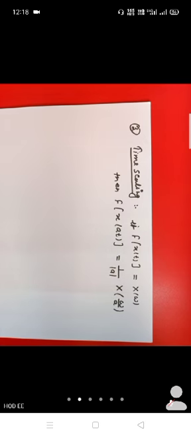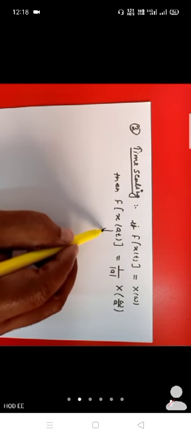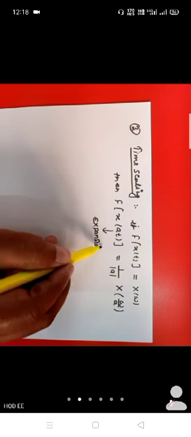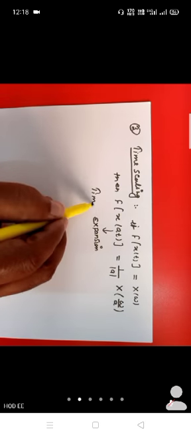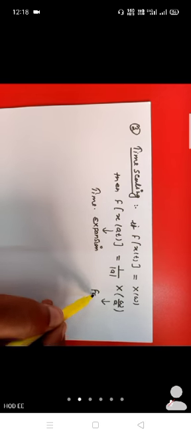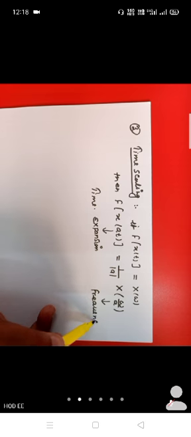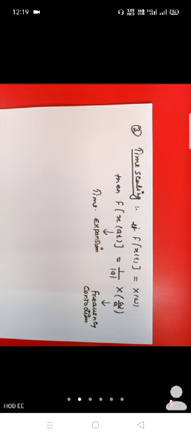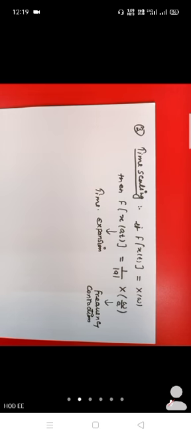Okay, so clearly you can see here we are expanding the time. So it is time expansion, and here it is frequency contraction. Means if you are expanding the time, you are contracting the frequency.